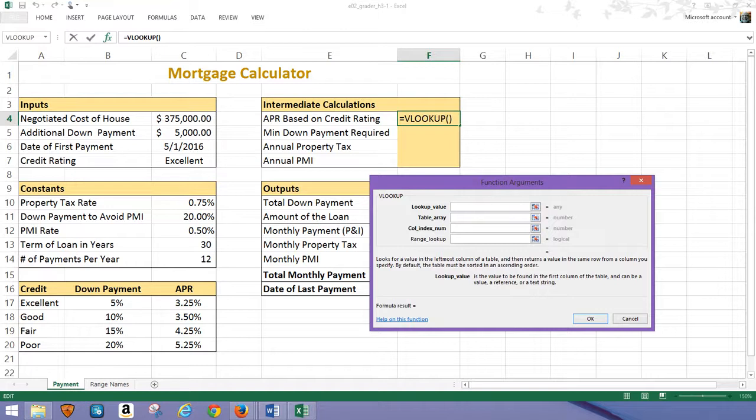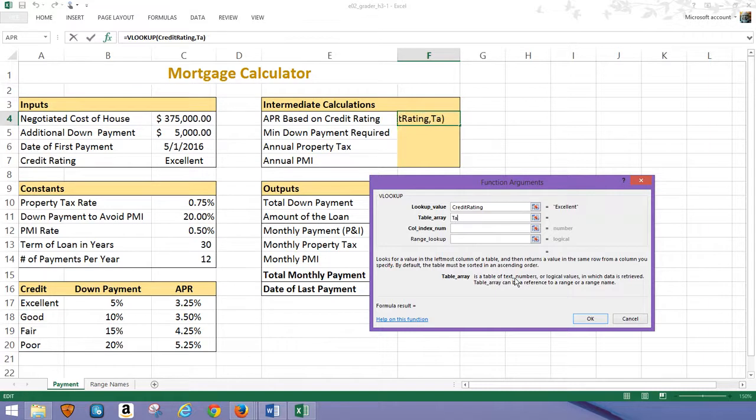So if we look here on cell C7, we see that's where the credit rating is. Notice that over here it says excellent. It shows you what you're reading. And here it tells you what this function is doing. When we're learning functions, we should make sure we always learn what the function is doing, what the different parts are. Then it wants to know, where am I going to look it up? Where is the information I'm supposed to check?